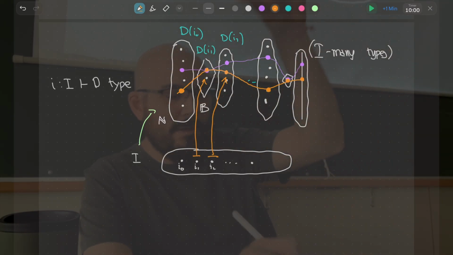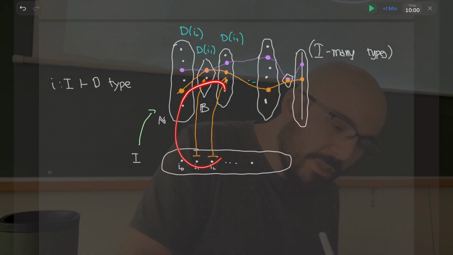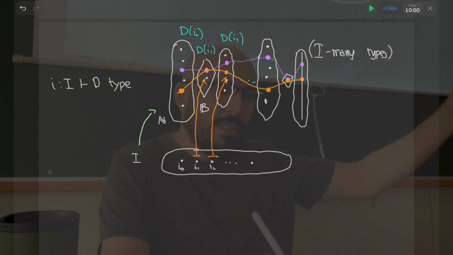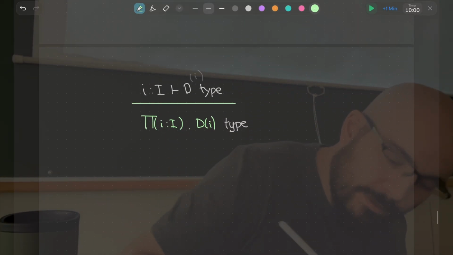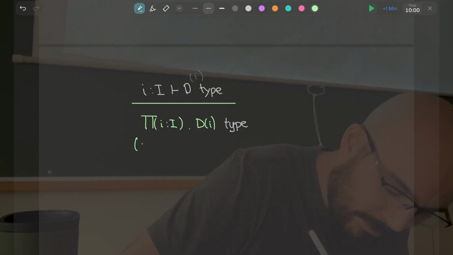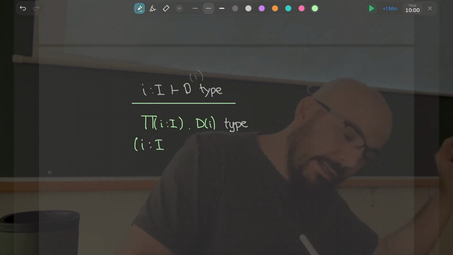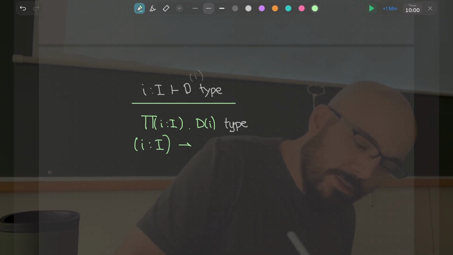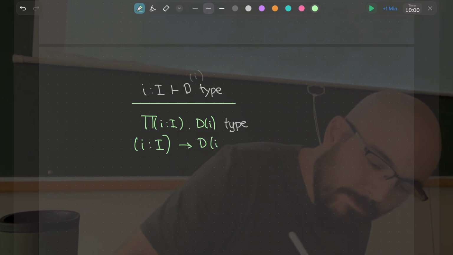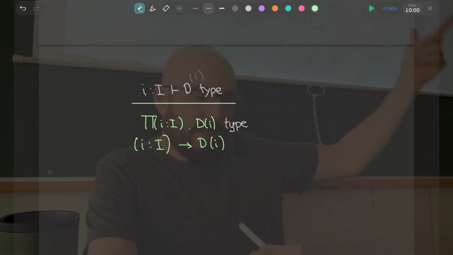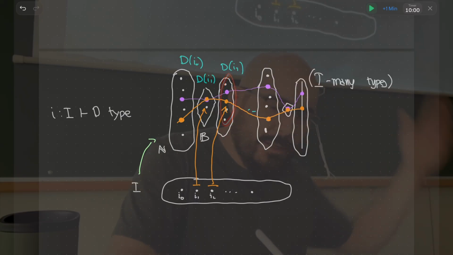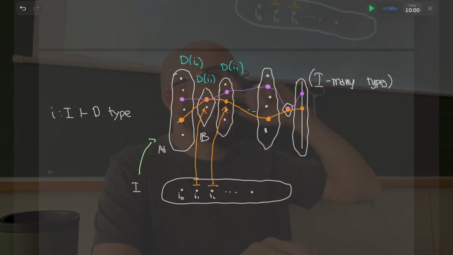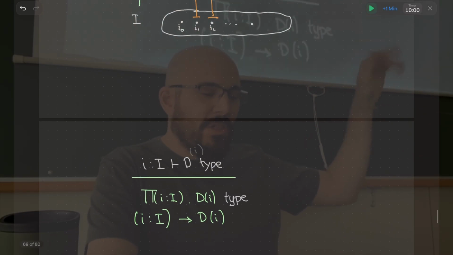So the purple thing, these arrows here, I can consider that this is one element of the product type. So they are functions. It's a very convenient notation, I think much more intuitive, to write the type like that. It takes a little i of type big I to some element of D of i. So D of i will change. Here, the second was the booleans, the third was like weekdays, or I don't know, and this was the real numbers, and so on and so forth, okay?